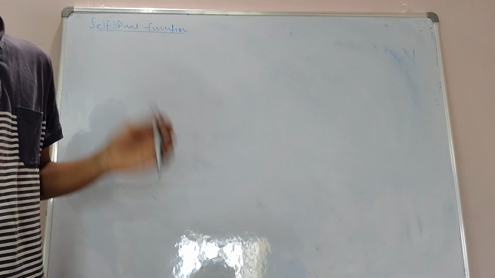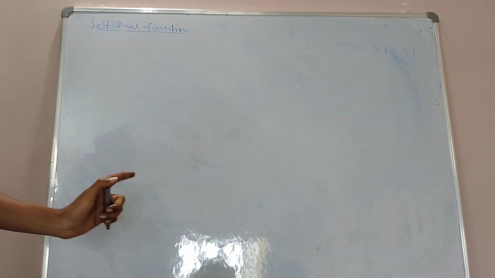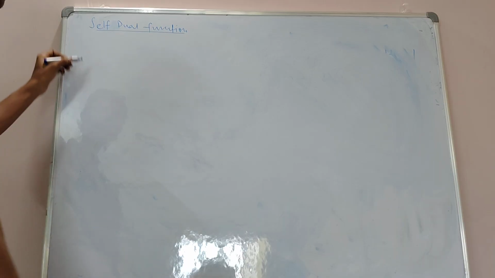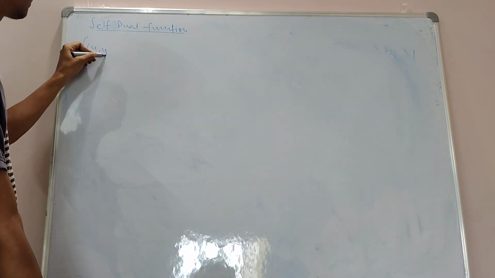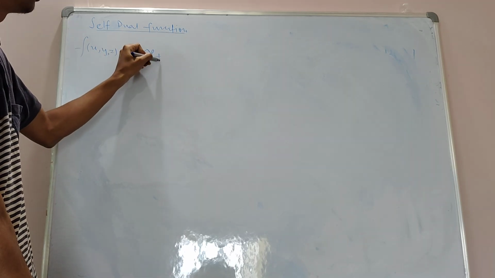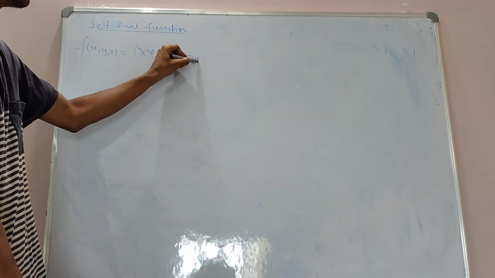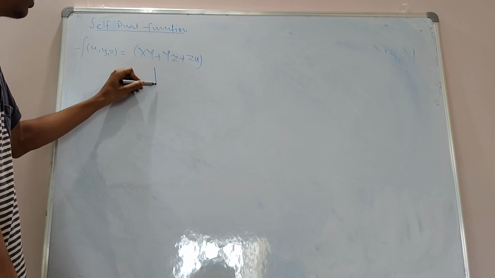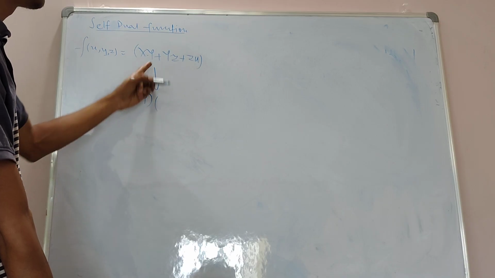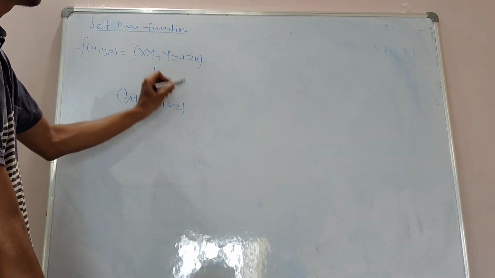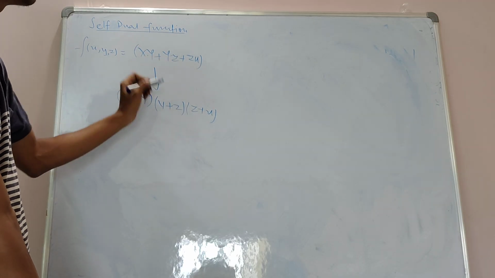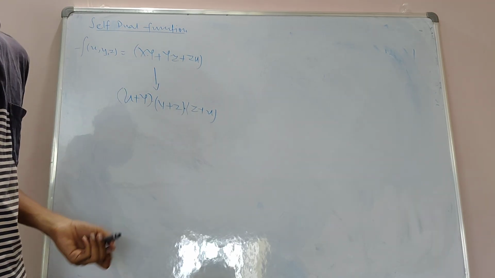Now, a function is said to be self-dual if and only if its dual is equivalent to the given function. So suppose I have f(x, y, z) equal to xy plus yz plus zx, right? And this multiplication I can write as plus, so x plus y, this as y plus z, and this as z plus x, and in exchange of addition I will give multiplication here, right?